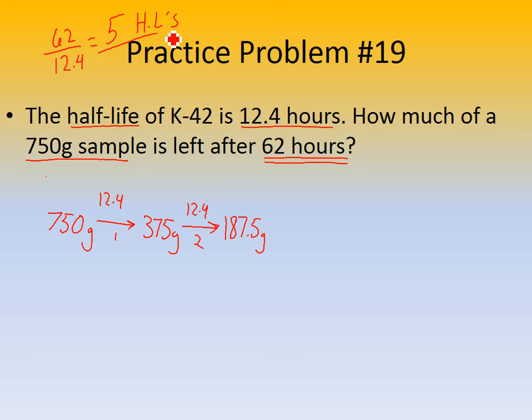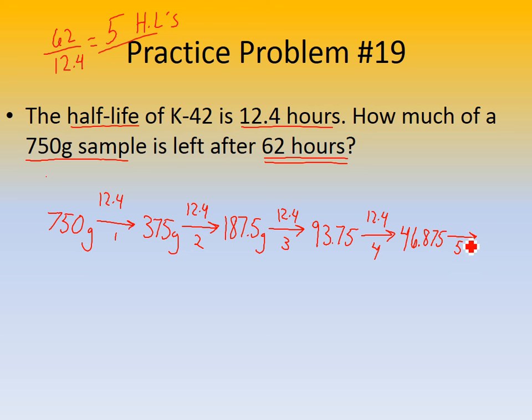Let's keep going. I've got to go up to 5. 3 half-lives, another 12.4 hours went by. How much remains? 93.75. Another half-life, 12.4 hours go by. How much remains? 46.875.